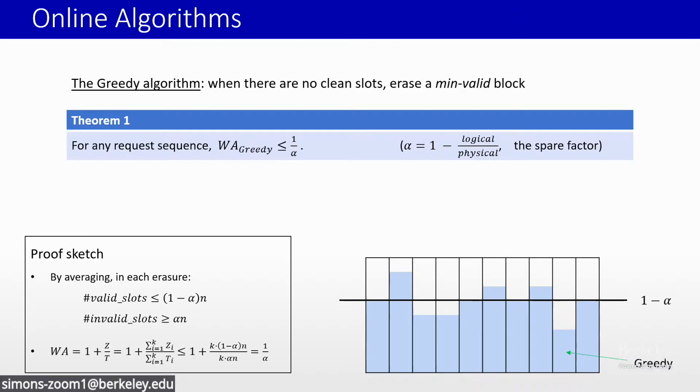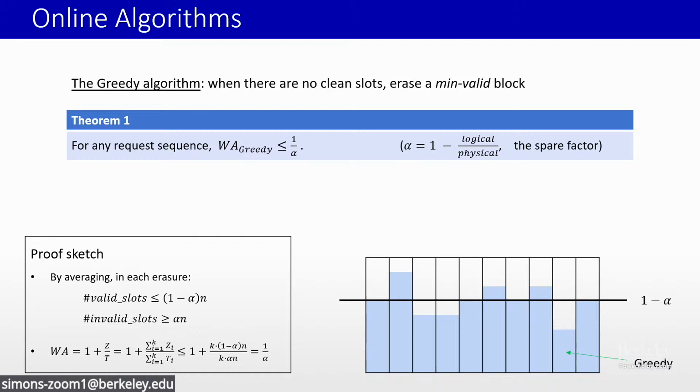The reason for that is that 1 minus alpha is kind of the average number of valid slots over the whole SSD, and just by looking at the average, we know that the greedy algorithm will not clean more than a 1 minus alpha fraction of a block.